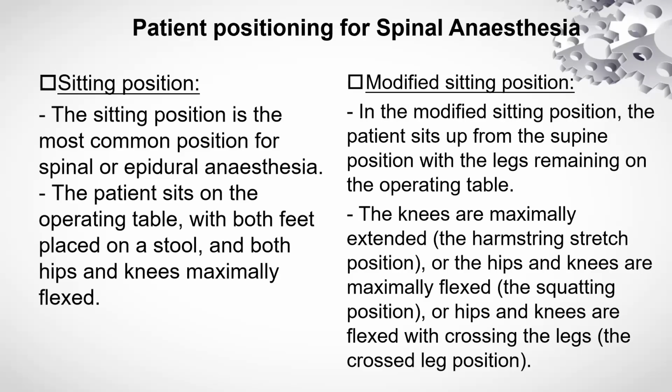We have the modified sitting position in which the patient sits up from the supine position, but the legs are still remaining on the operating table. The knees are maximally extended, or the hips and knees are maximally flexed. It depends. So when the patient is sitting on the table with the legs on the operating table, it's not the classical sitting position, it's the modified sitting position.